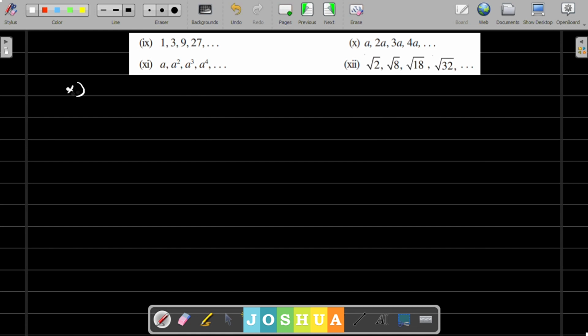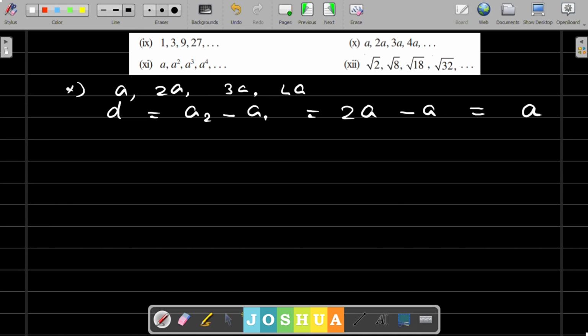The 10th sum has first term A, second term 2A, 3A and 4A. Again the same process. D is equal to the second term minus the first term. The second term is 2A and the first term is A. 2A minus A is equal to A. Now the difference between the third term and second term.